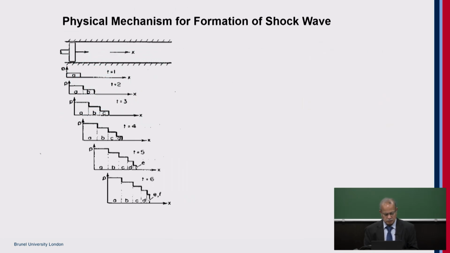Just to not spend more time, I will give a very brief mechanism for the formation of shock waves. This is the plunger model of description. Assume that you have a piston cylinder configuration, where a piston is moving continuously, but let's assume that it's moving in time steps.